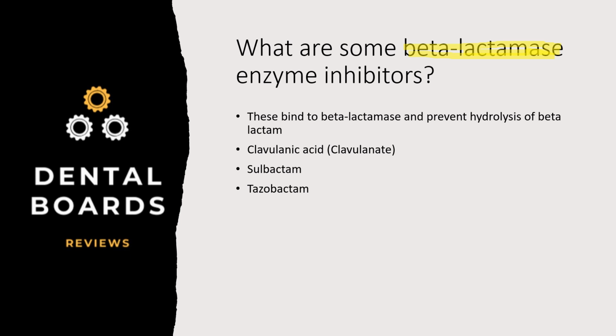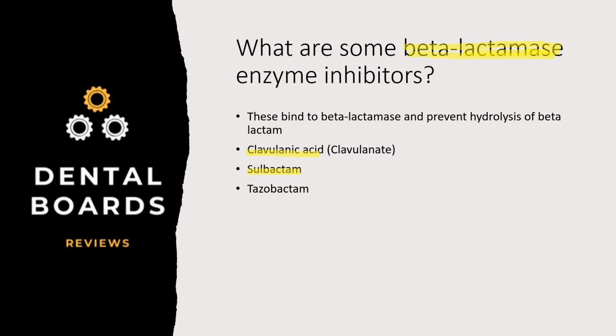So we have clavulanic acid, also clavulanate, and then you have sulbactam and tazobactam. If you add amoxicillin plus clavulanic acid, we get Augmentin. If you take ampicillin and add sulbactam, you get what we call Unasyn.